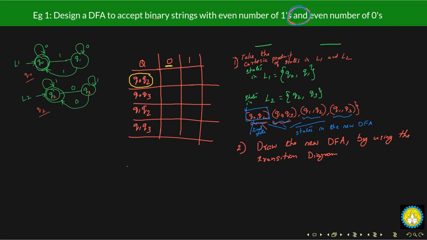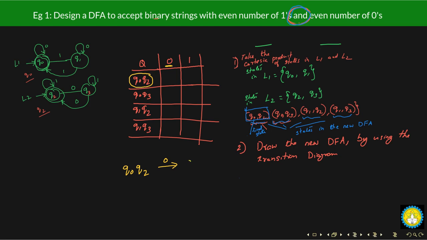So let's try to understand how it can be done. We want to know the transition from Q0, Q2 upon getting a 0 first. By looking at the transition diagram of L1, we can understand that Q0 on 0 goes back to Q0 itself.